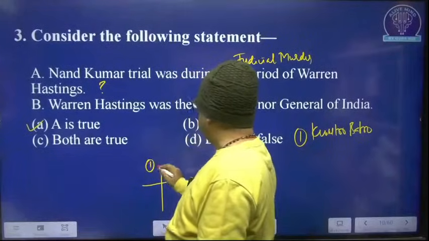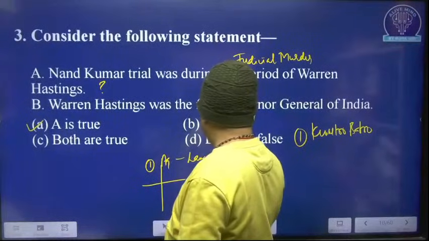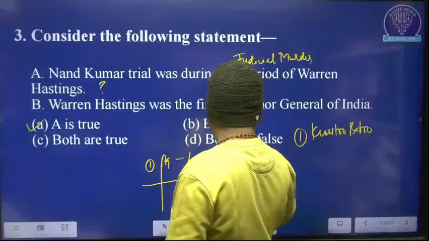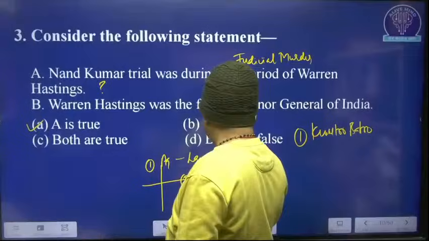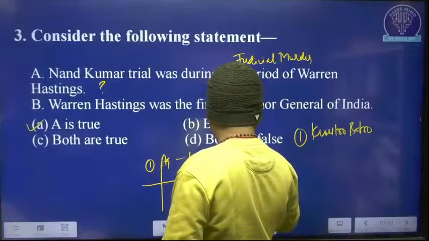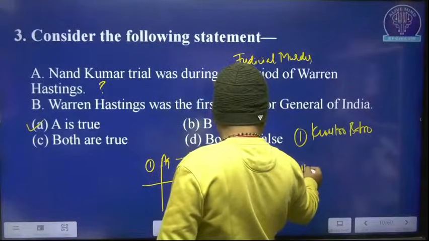And Warren Hastings, economic reforms, especially agriculture, land revenue, but he fails. Auction system. Then the First Anglo-Maratha War, which ended with Salbai in 1782.